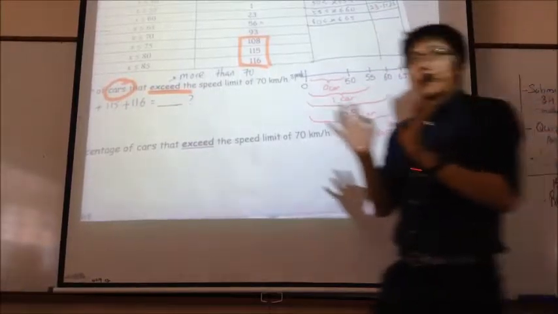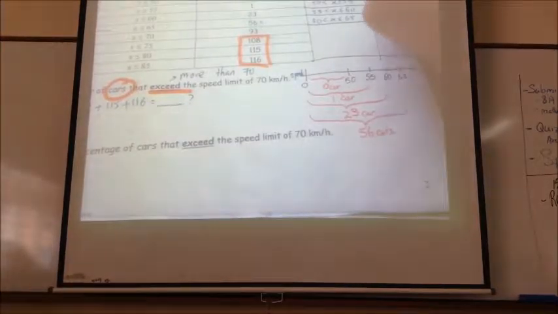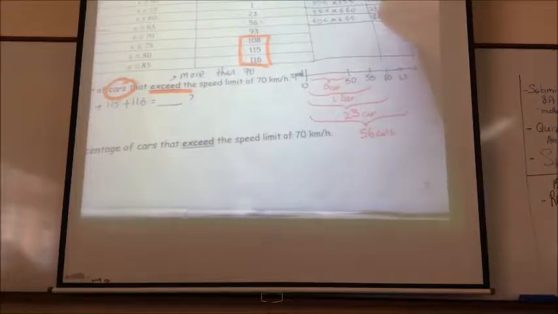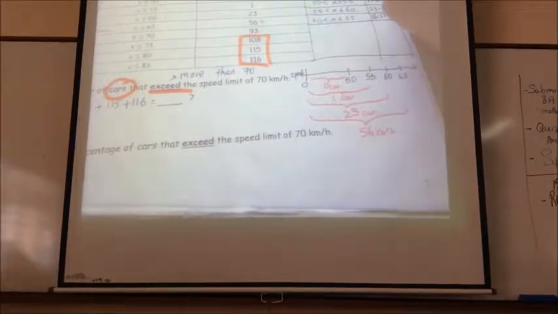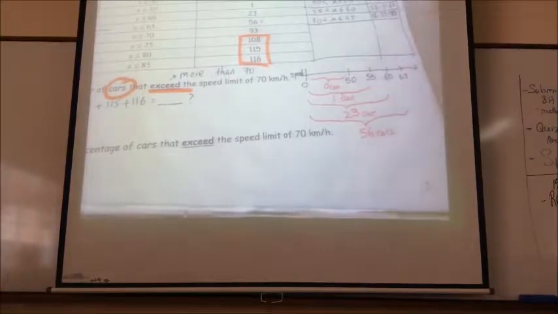You understand? So this is 56 minus 23, and this is how much? David King, how much? 56 minus 23. 33.